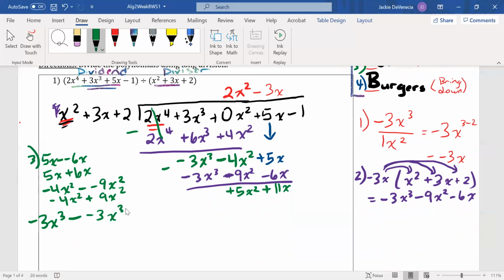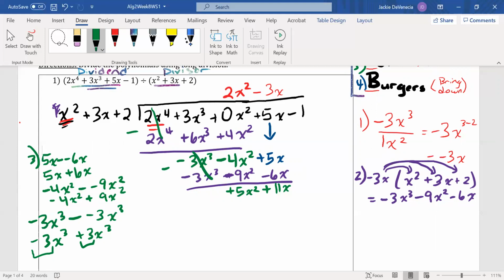So with these guys over here, I have another double negative, so this is the same as saying negative 3x cubed plus 3x cubed. And we know that this will be 0 because we have opposite terms. So this cancels out. Okay.